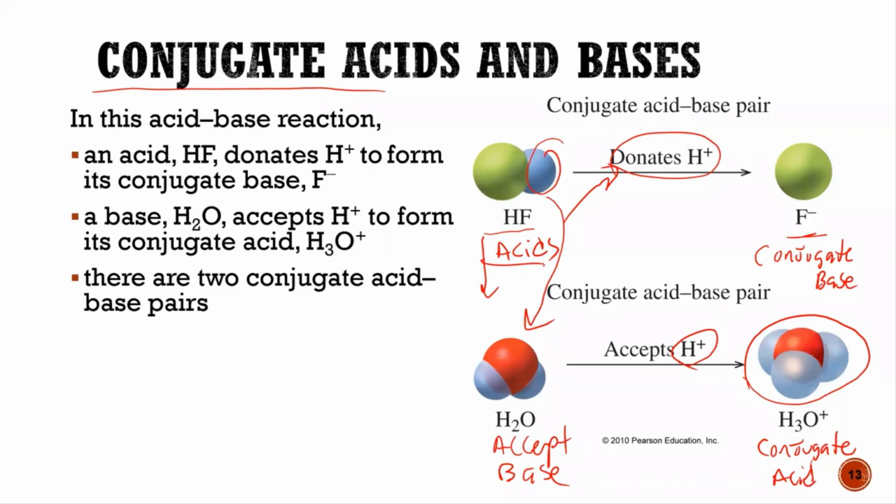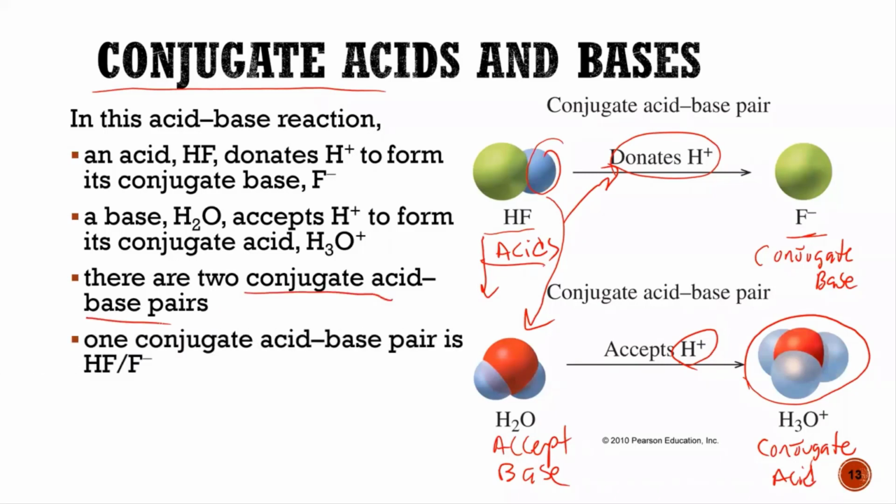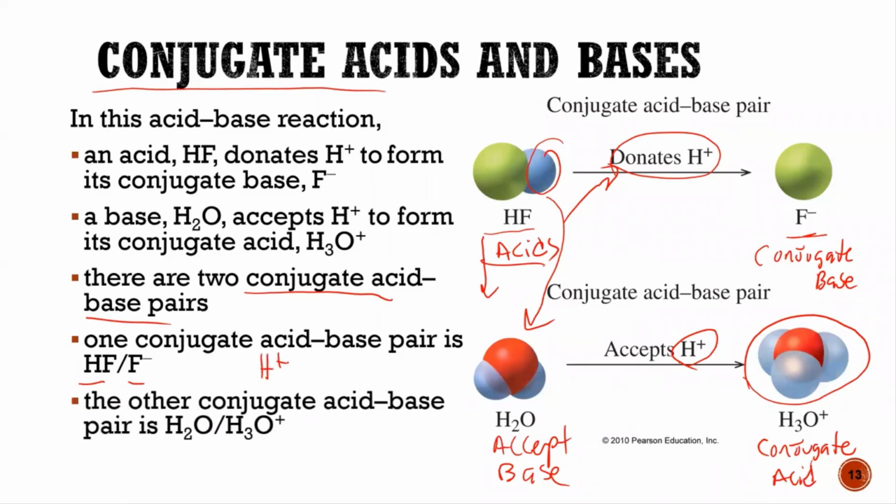So what's going to help you is by identifying what are called conjugate acid base pairs. So the HF and the F minus are conjugate acid base pairs because the only difference is a H plus, right? The other conjugate acid base pair is the water and the hydronium. Why? The only difference is a H plus. The difference is in the direction, right? So from the HF, we go to an F minus.